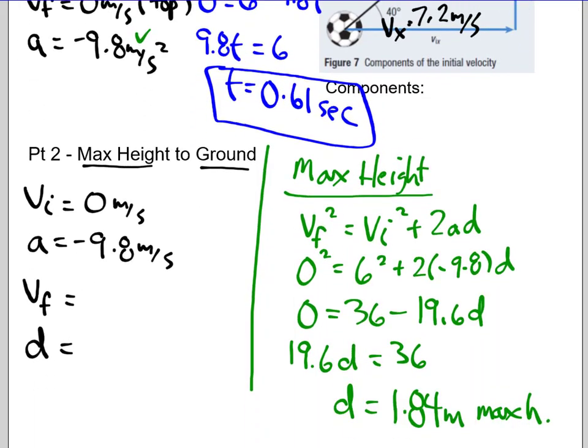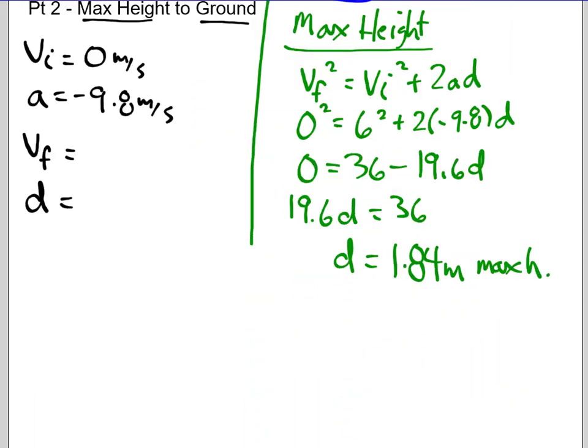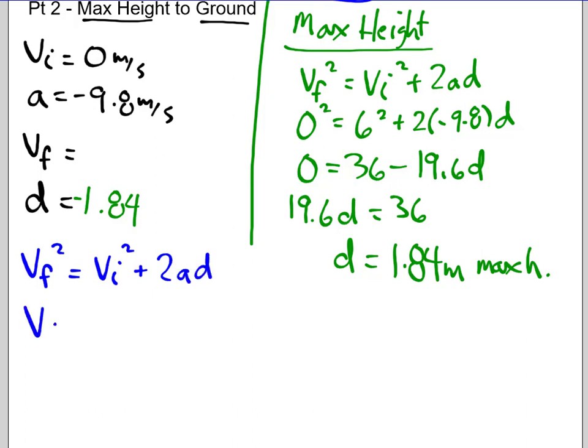Okay, now if we didn't want to believe symmetry, we could bring that over here and say this is 1.84 meters, but it would be negative because we're going from max height down to ground. And then we could reuse that expression, and so this time we would solve for VF. Okay, and you could probably start to see, because we're using the same numbers all the time, this is why we generate the same values that we originally started with.